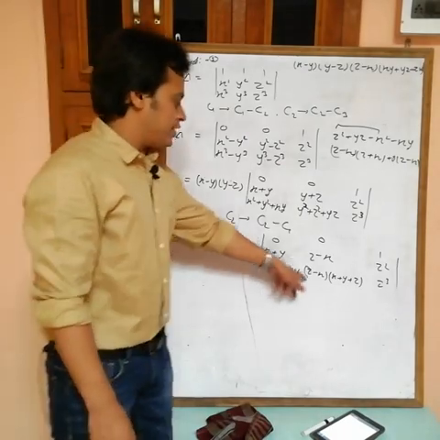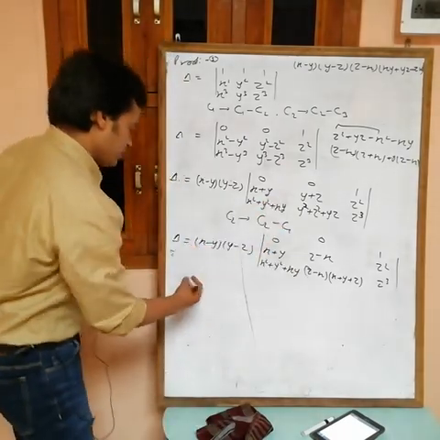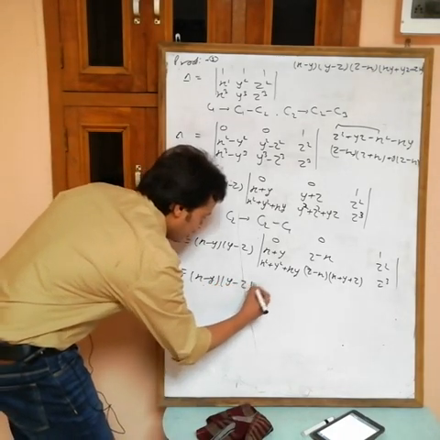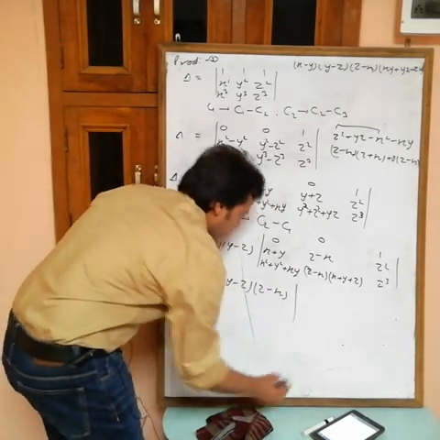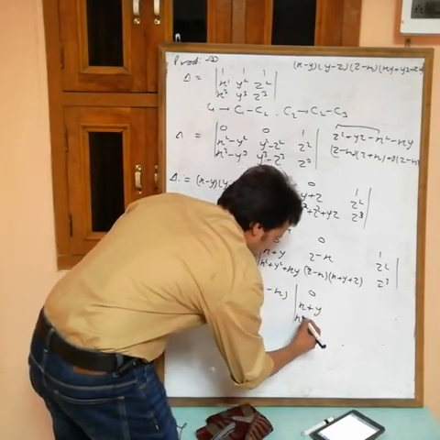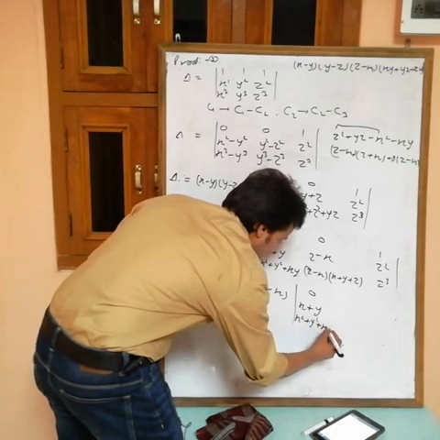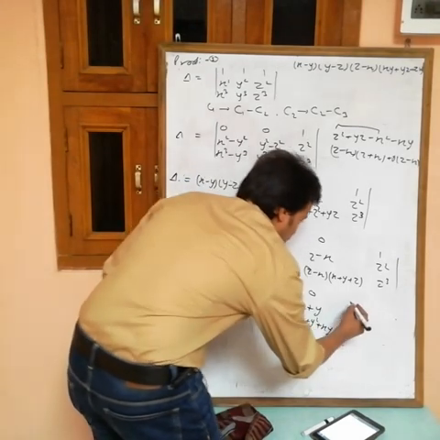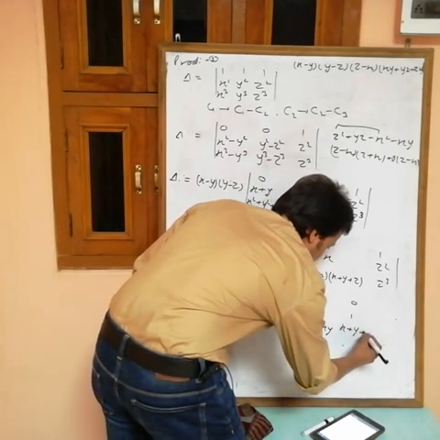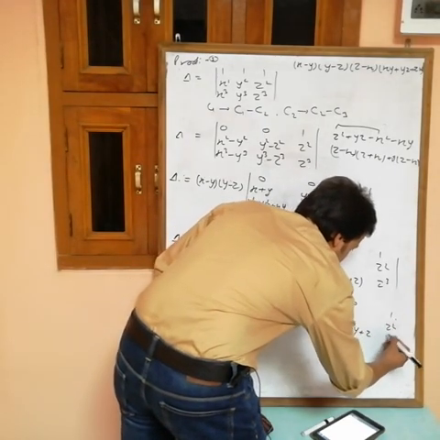Now take common z minus x from C2. X minus y, y minus z into z minus x, then 0, x plus y, x square plus y square plus xy, and 0, 1, and from this one x plus y plus z remains, and 1, z square, z cube.